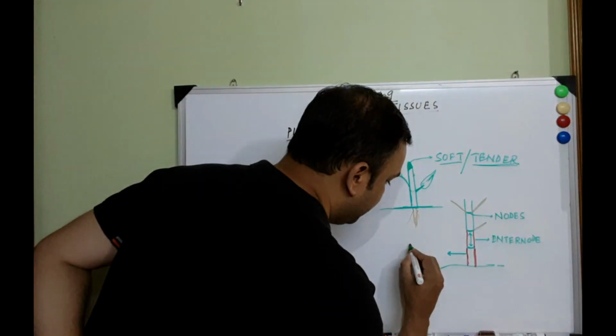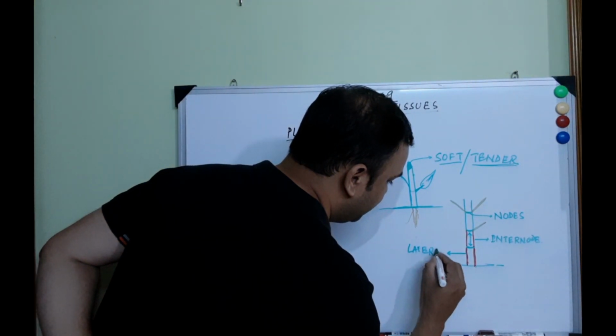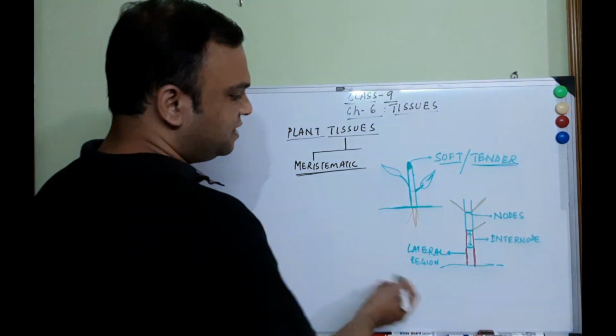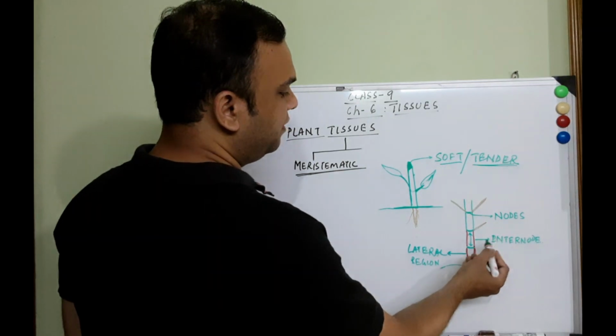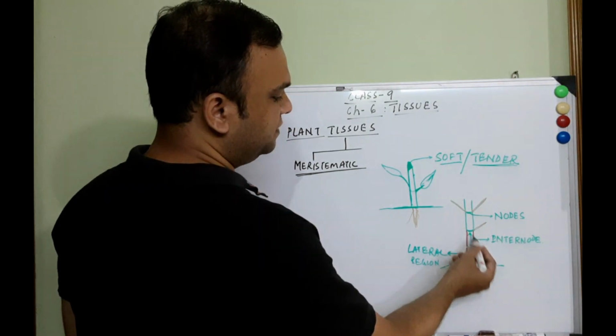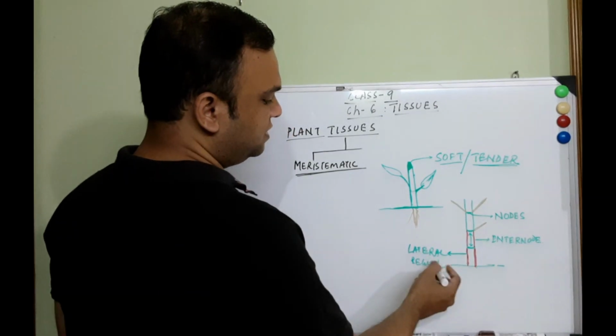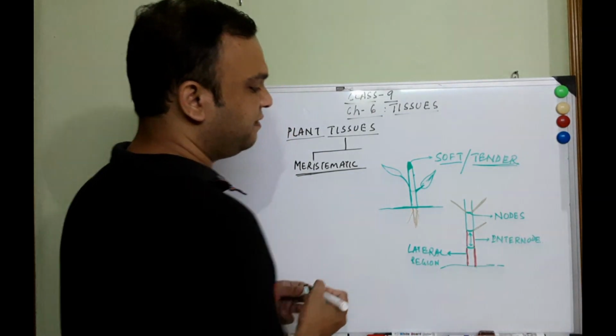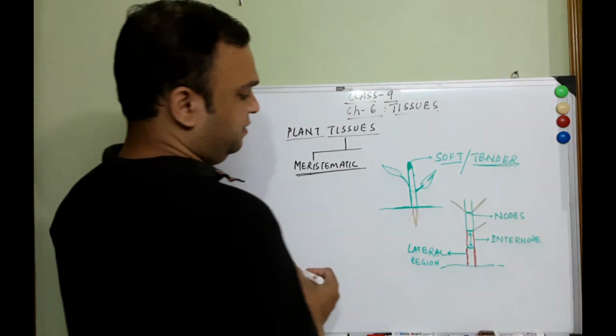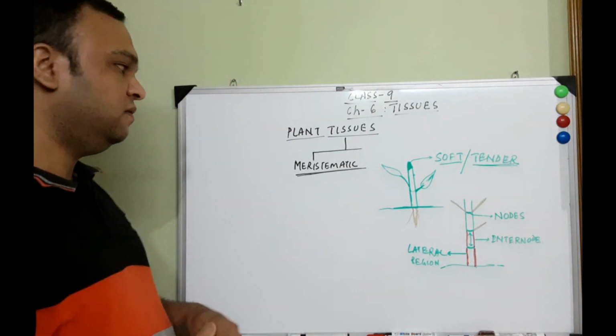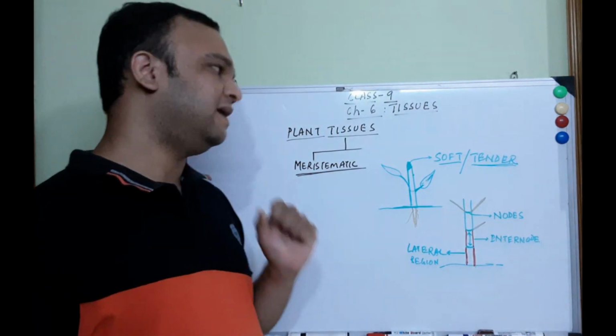This region is especially the internodal region, because it is between two nodes. So this is also called the internodal region and lateral region, and that is how we have just seen the three types of meristematic tissues.